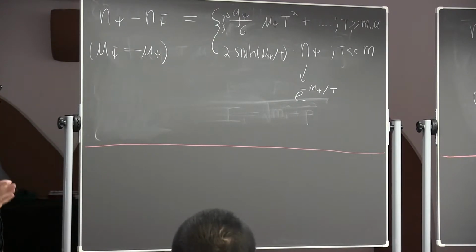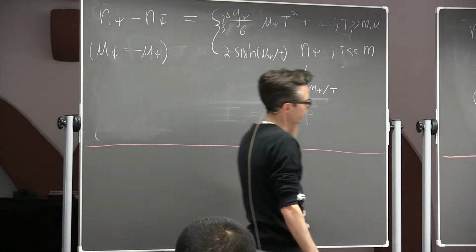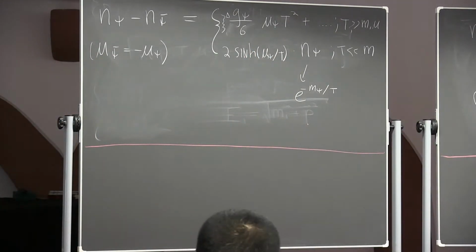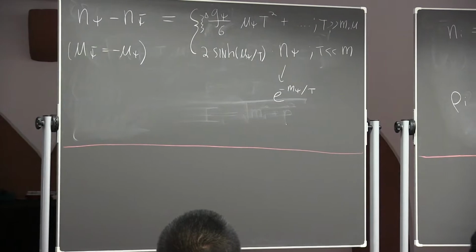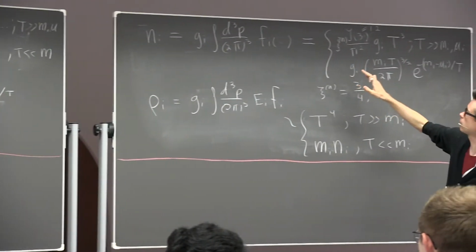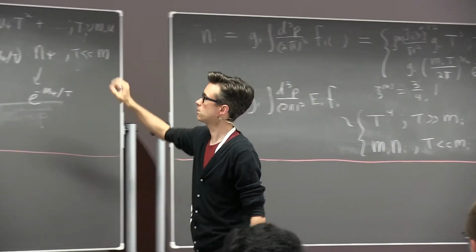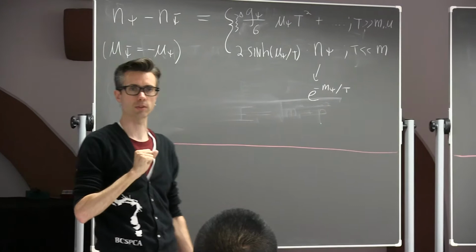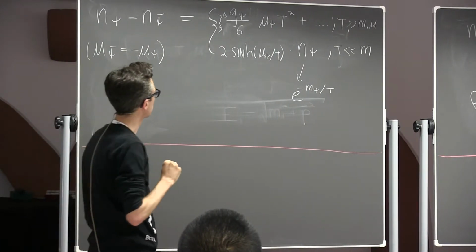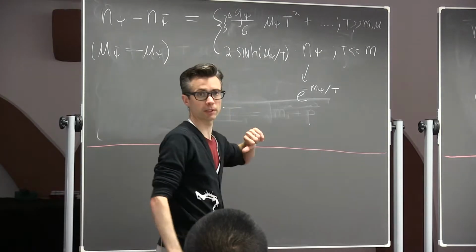So not the overall number density, but the asymmetry. Just as a rule of thumb, chemical potentials compared to the temperature tend to be pretty small. That means that in the ultra-relativistic limit my number density goes like T cubed, whereas my asymmetry with a non-zero chemical potential is down by a factor of chemical potential over temperature. The other thing that's useful is that at least this leading term is linear in the chemical potential.